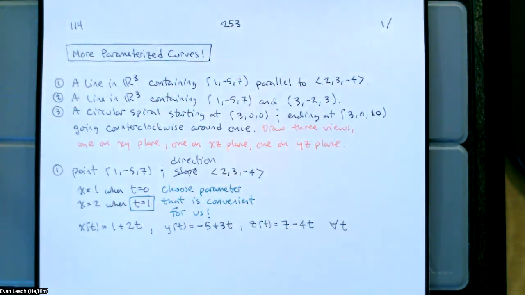If I'm starting off at 1, -5, 7, since we're making a line, it doesn't matter how far we go, the ratio should always be the same. So if we take a step of 1, that will put us at 3, -2, 3. And that is 2, 3, -4 away.